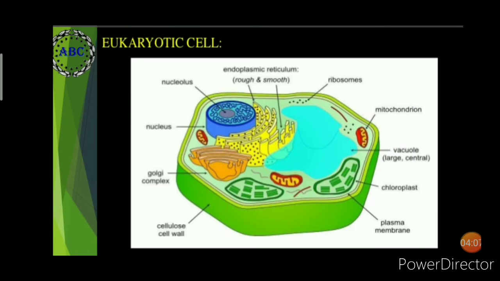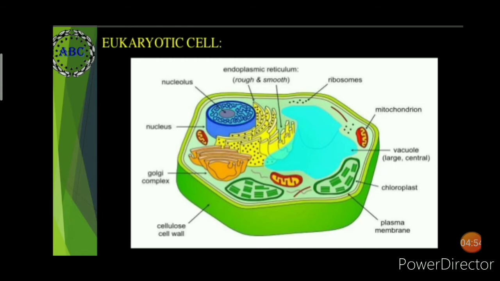This is a structure of eukaryotes in which we can easily see a true nucleus, because the nuclear material is bounded by a specific nuclear membrane, and because of the presence of the nuclear membrane, a well defined or well organized nucleus can be seen easily. In the nucleus there is a nucleolus. The number of nucleoli may be one or more.